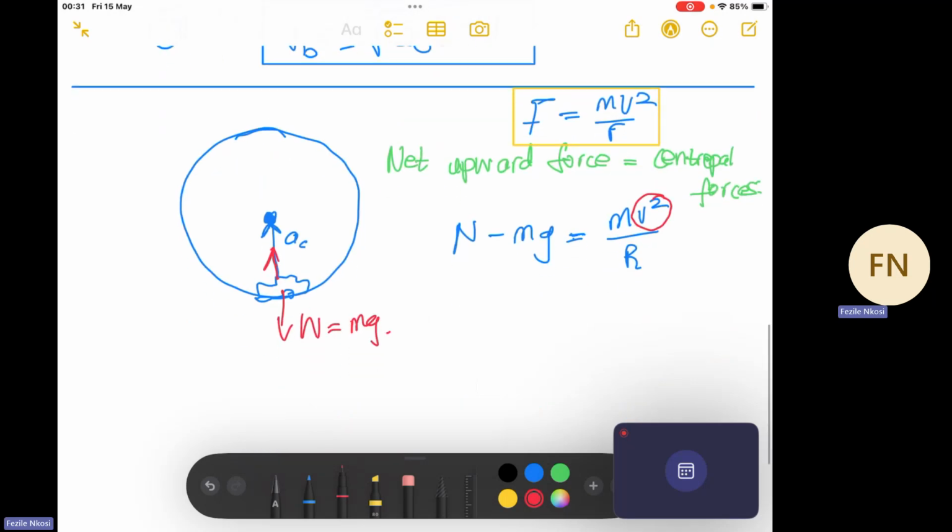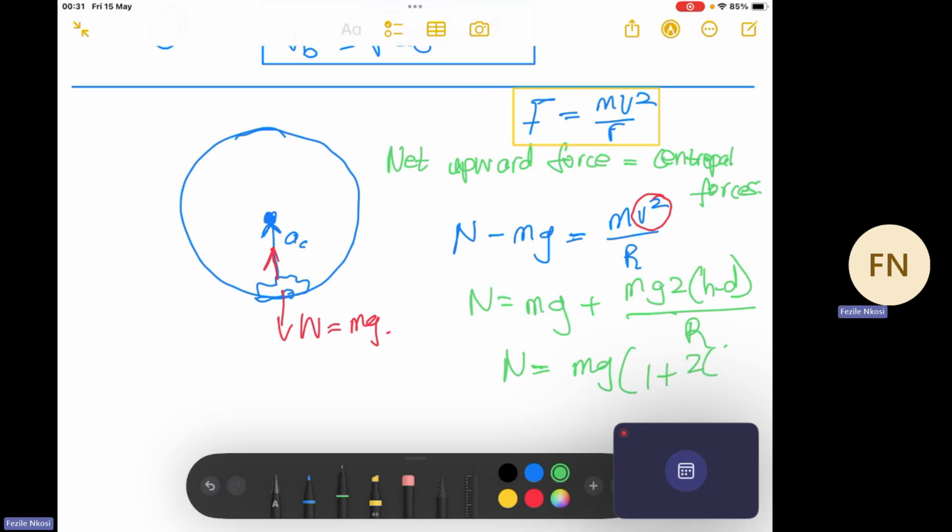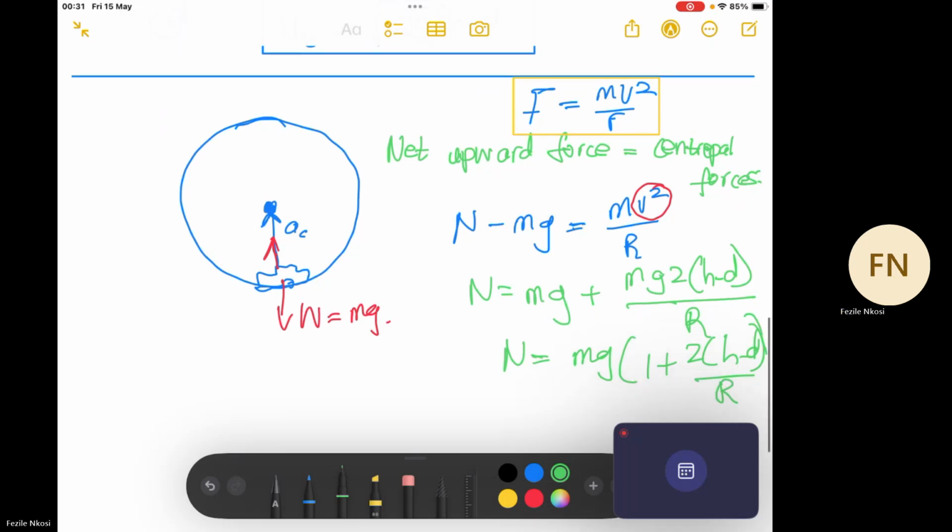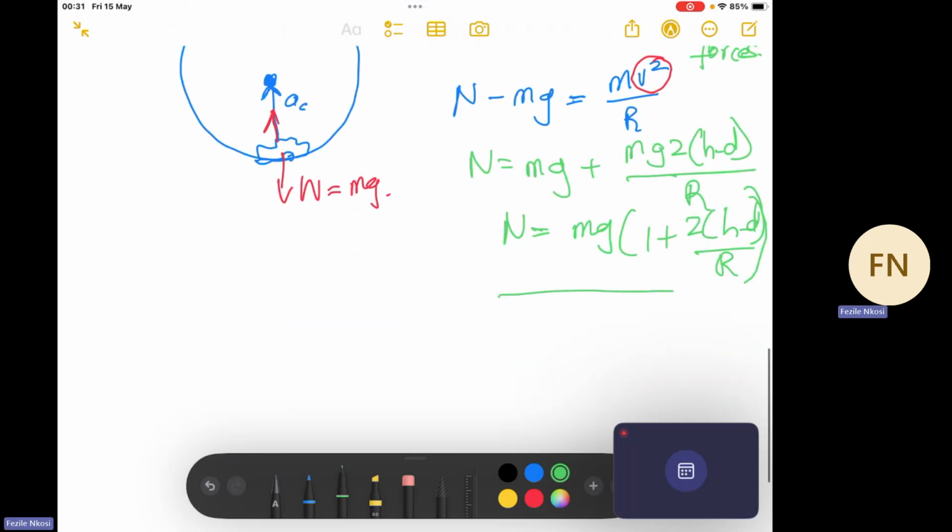So we can just put that in. Let's start with N is equal to, forgive me for the many colors, mg plus m times 2g(h minus d) over r. Yeah, I think that's fine. And then the normal force is just mg times 1 plus 2(h minus d) over r. This is going to be your normal force.